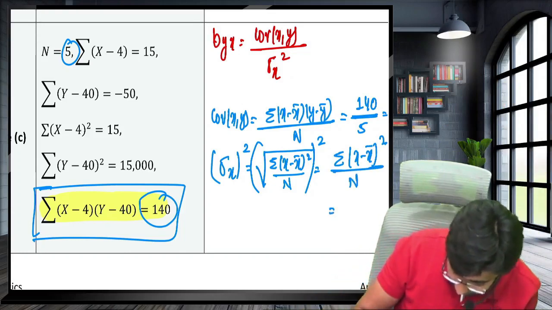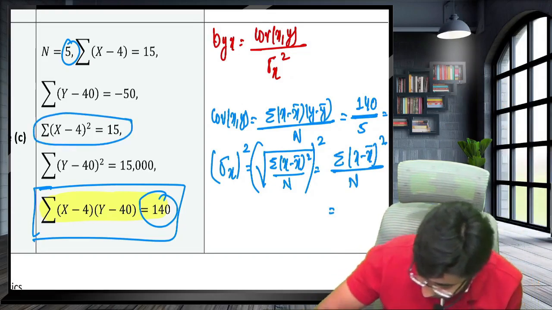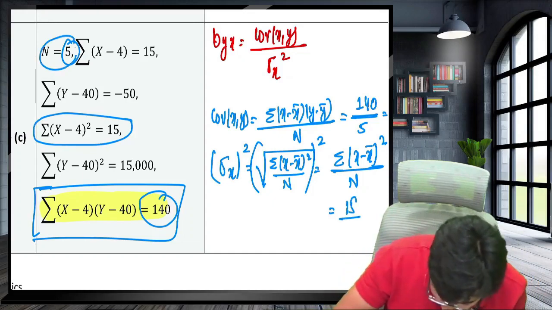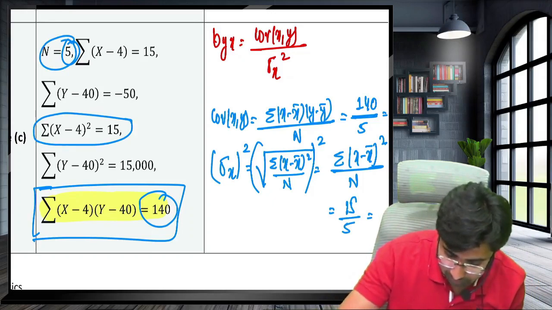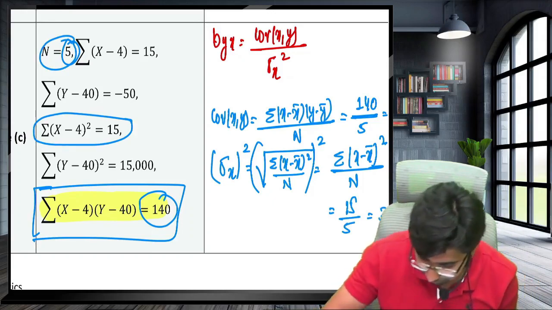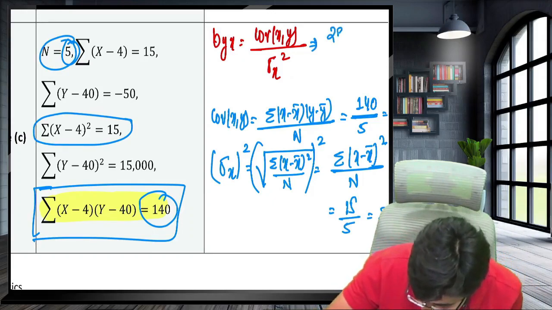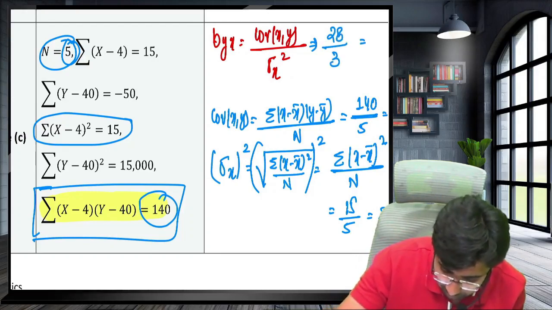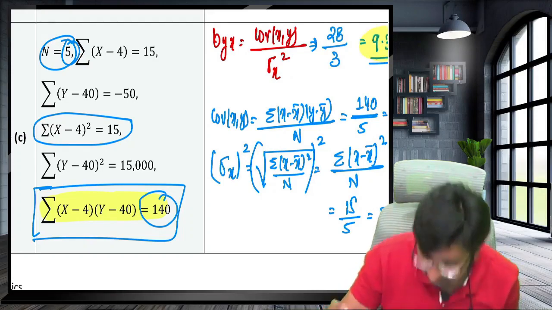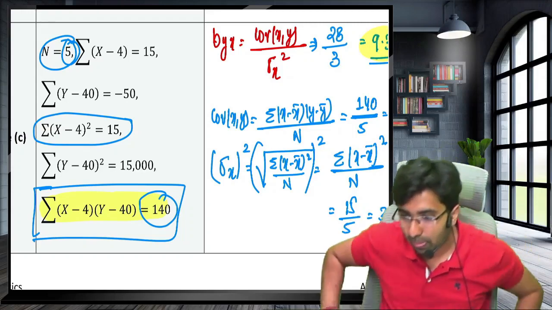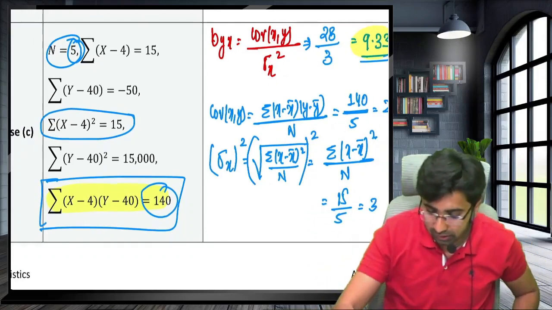The summation of x minus x bar whole square is 15, and n is 5. 15 divided by 5 is 3. Now we have the covariance, 28, and the standard deviation of x whole square, 3. 28 divided by 3 is 9.33.